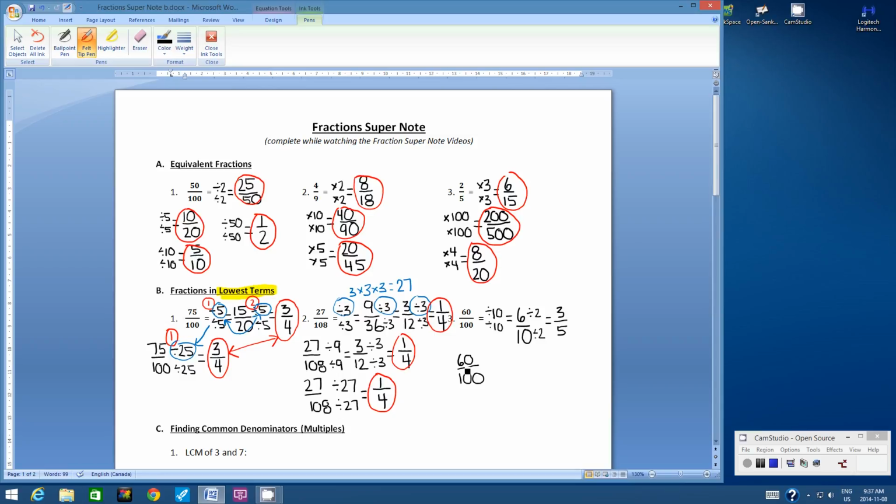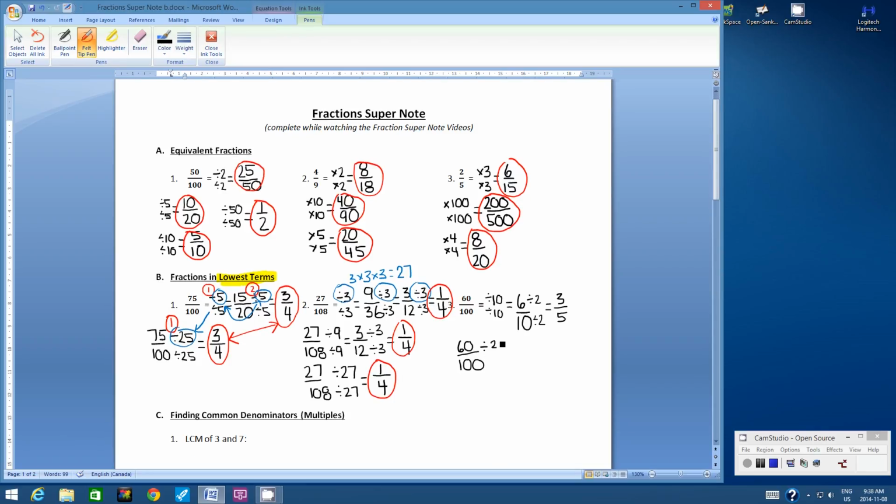So I know that 60 divided by 20 works, and I know that 100 divided by 20 works. So let's use the factor of 20 for both the numerator and the denominator. So 60 divided by 20 is 3. 100 divided by 20 is 5.